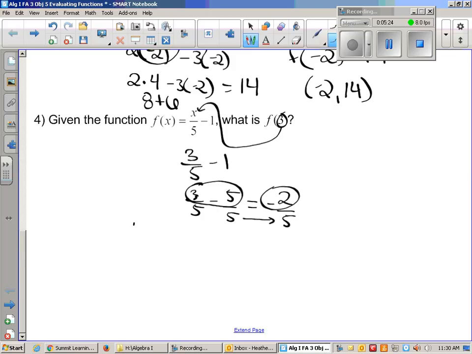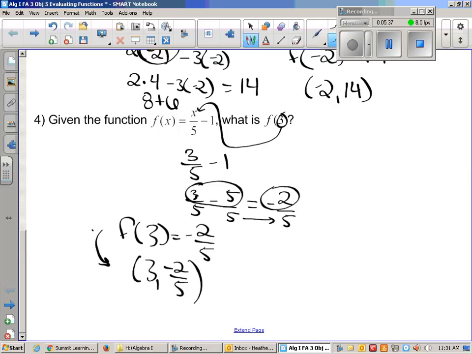So that means f of 3 is negative 2/5, or I could see the point (3, negative 2/5) on my graph. These two ways to represent your answer mean the same thing. Okay? So that's how you evaluate functions.